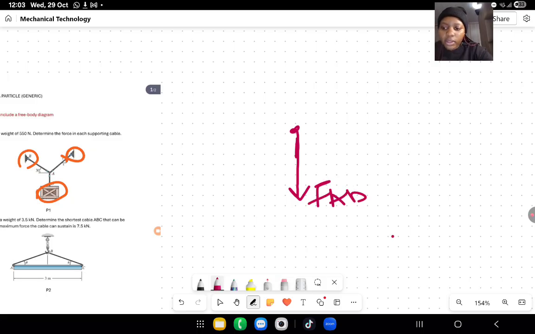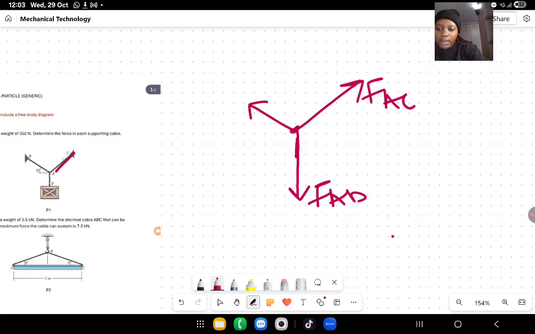Then we have our C, which is going up. This will be our FAC because of this line, our force AC. Then we have another one going there, which is our force AB, FAB. So this is our weight, this is our force applied, then this is our tension.